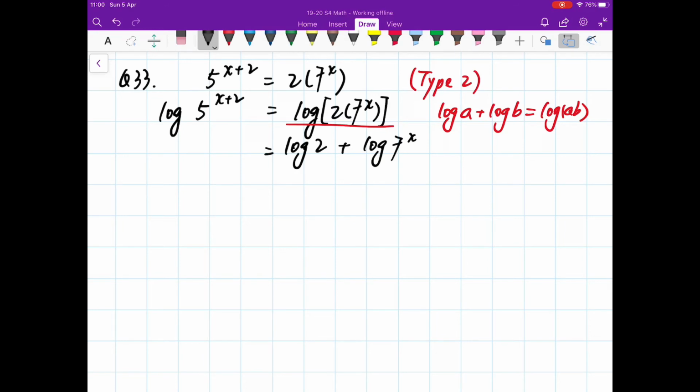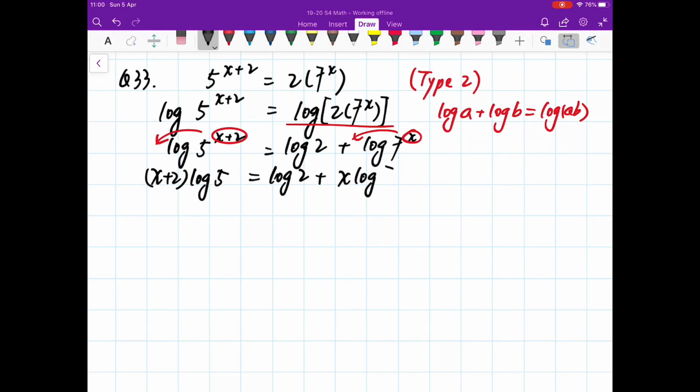And for the left hand side, we just keep it. Afterwards, I will deal with the power. Okay, and I will put these powers back in front of the log. So for the left hand side, it will become x plus 2 times log 5. And for the right hand side, it is log 2 plus x log 7.